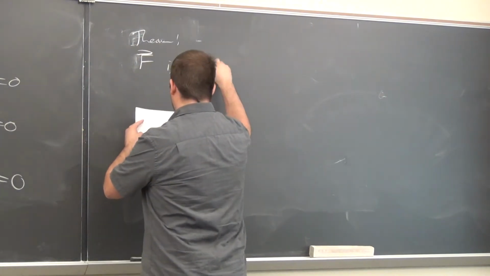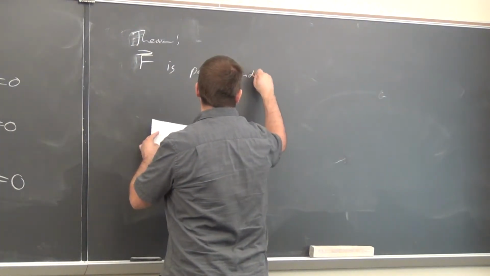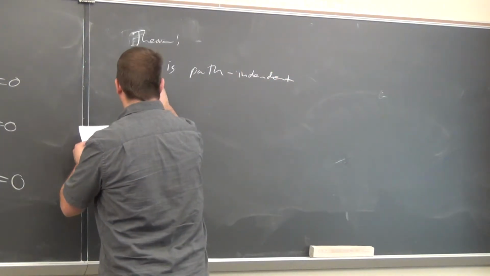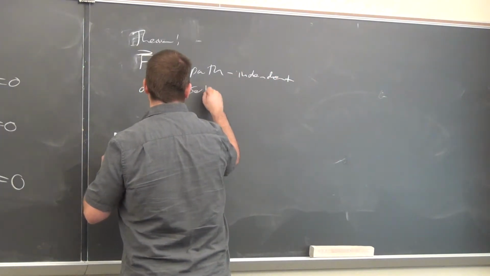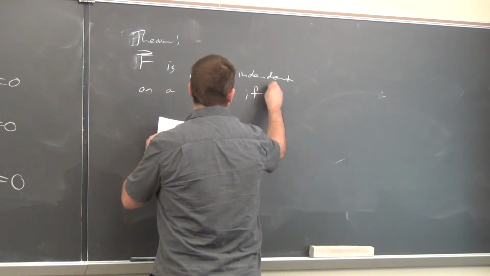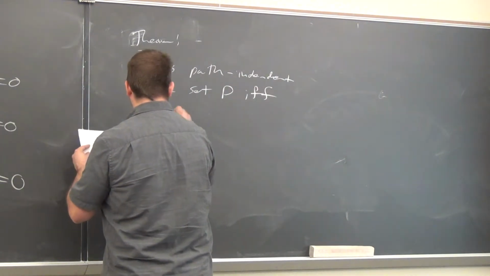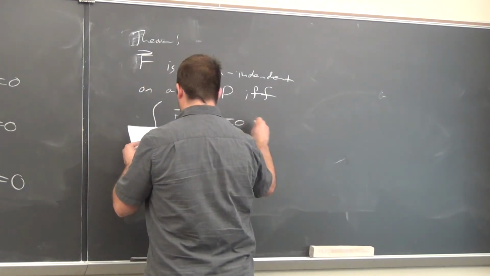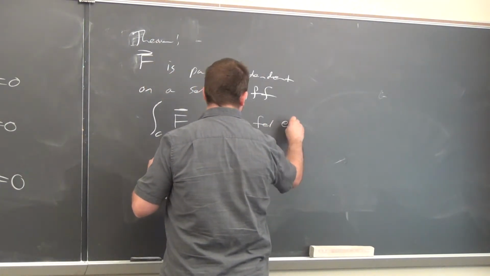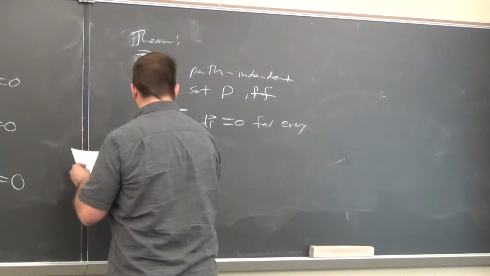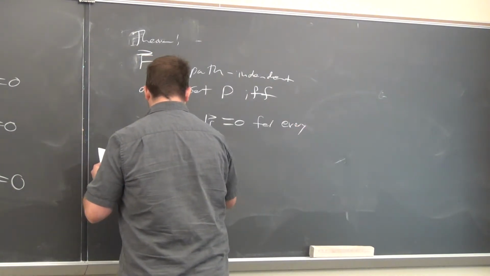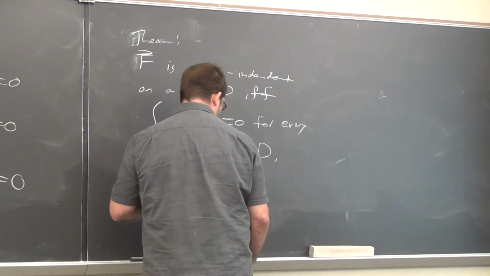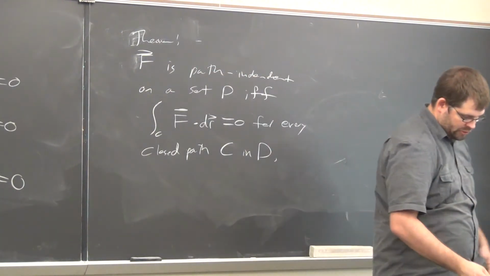F is path independent on a set if and only if the integral over C of F dot dr is 0 for every closed path, C and D.